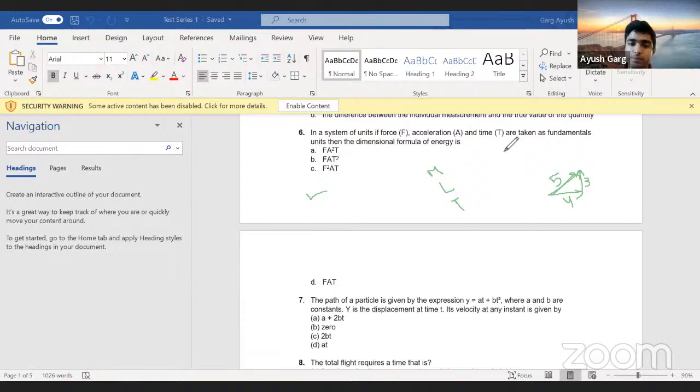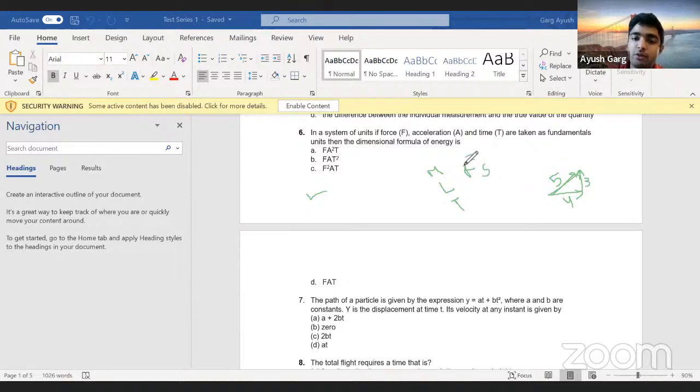When you do work on an object, the work as defined in physics, then it's the work that is storing the energy. So the units of energy are going to be the same as the units of work done. And the units of work done can be easily found out. So work done is what? Work done is force into displacement, correct?